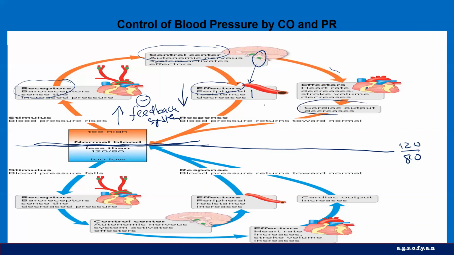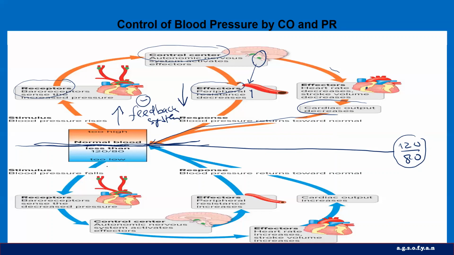At the end, both the vasodilation and the slow contractions in the heart muscle will decrease the blood pressure, and it will go back to the normal pressure. So this is when the blood pressure increases.